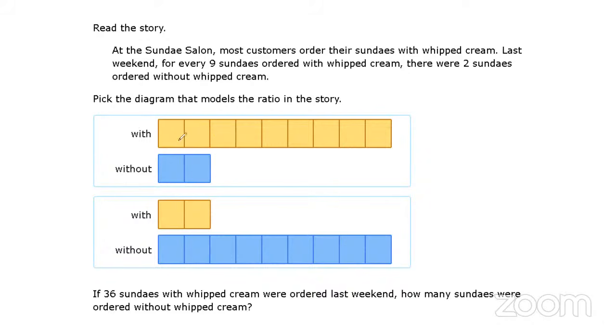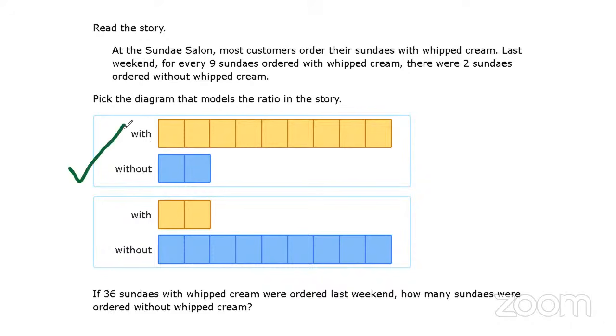So 9 with, 2 without. We're looking for the relationship that has more with whipped cream and less without, because 9 is more than 2. Based on the relationship shown here, the first diagram shows more with than without, which is the second part of the first diagram. And so yes, we can say that the representation is the first diagram.